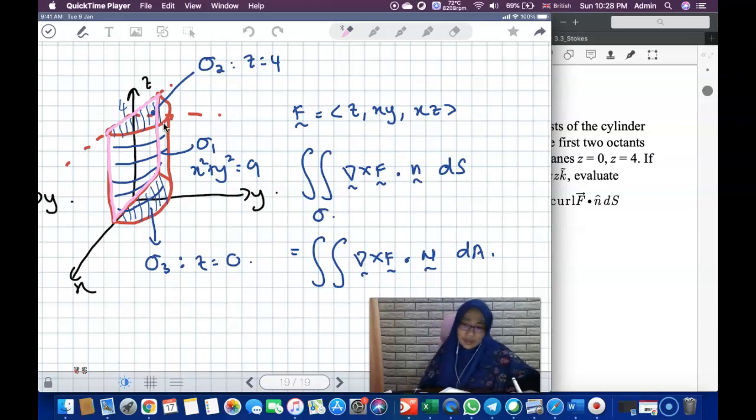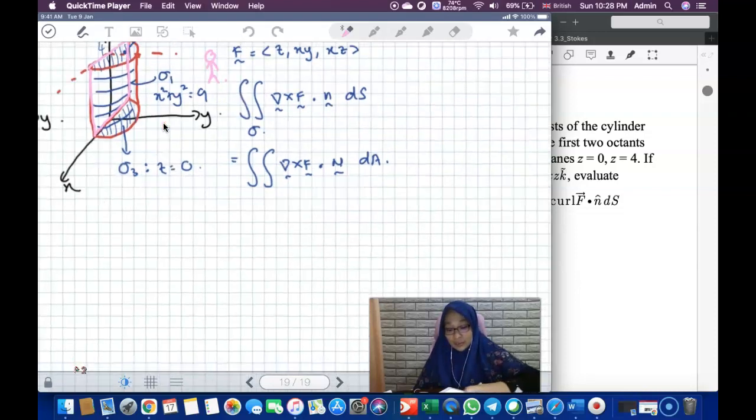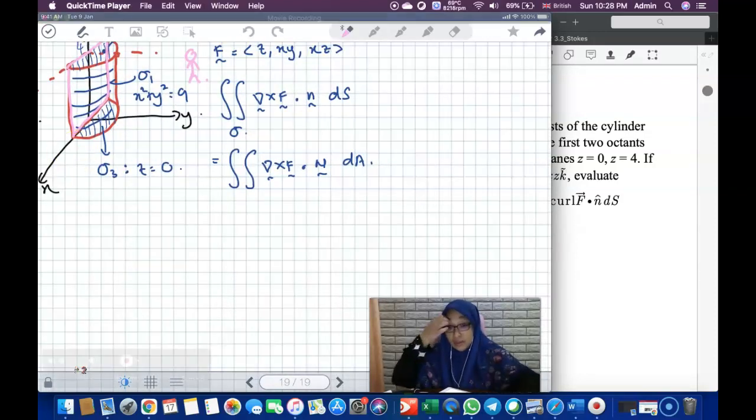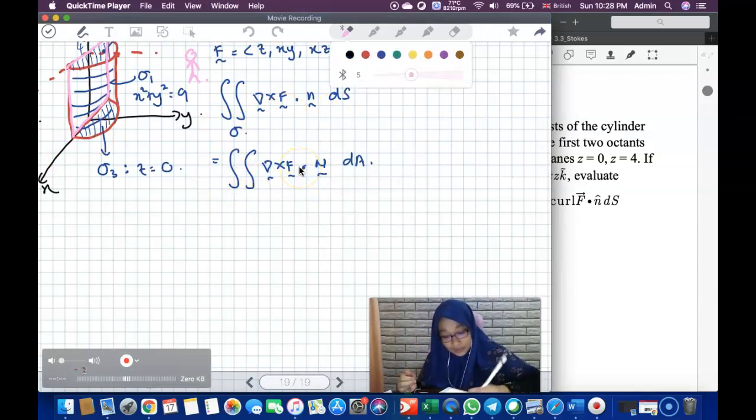If you are standing over here, you can see on the xy plane it is a rectangular region. I'm not saying this simplifies your work, because if you apply Stokes theorem, you still need to compute more than one integral. So let's say now we want to solve the surface integral using Stokes theorem.